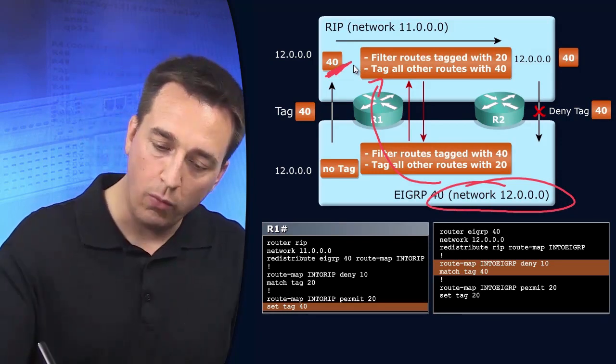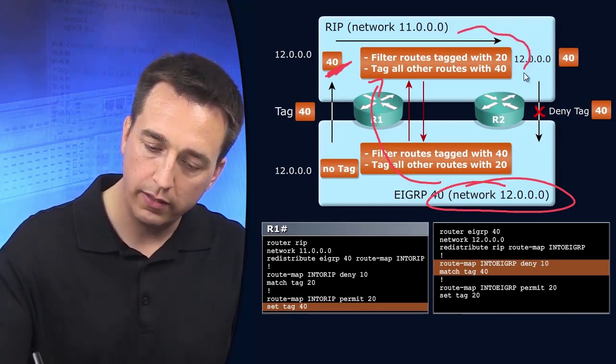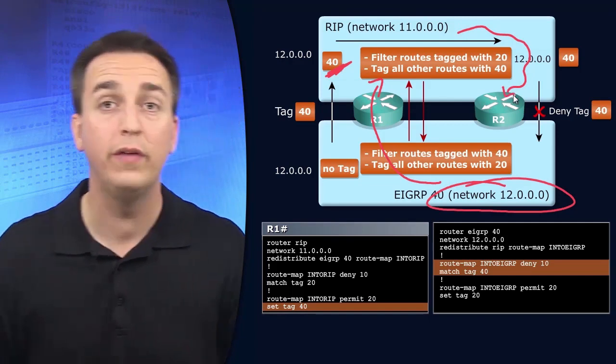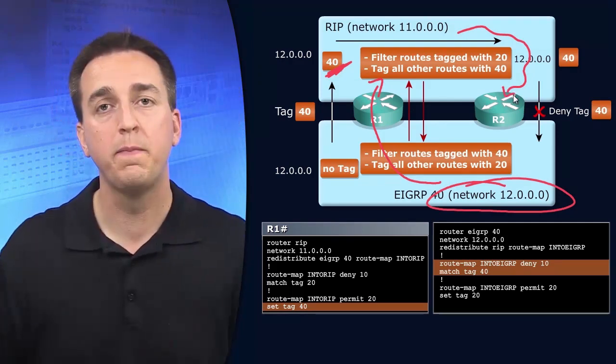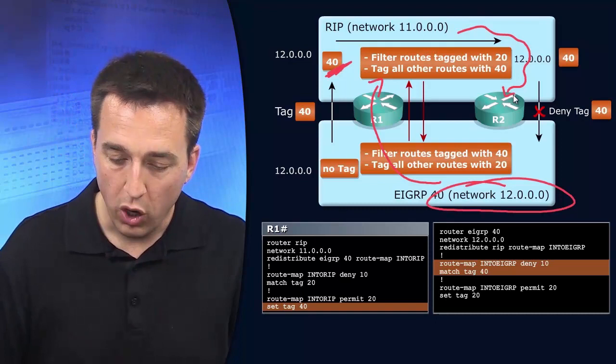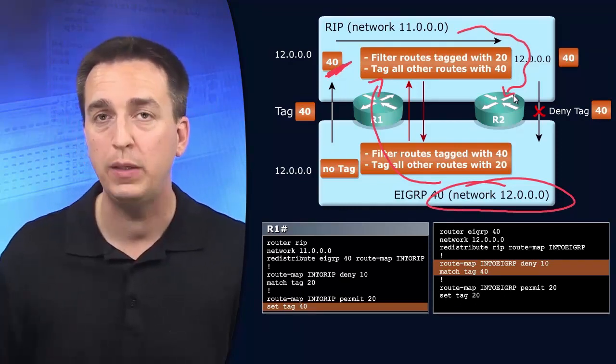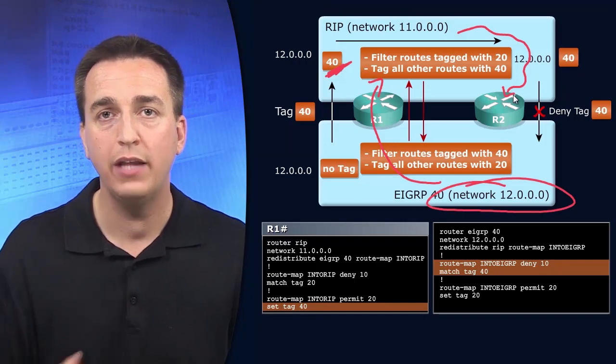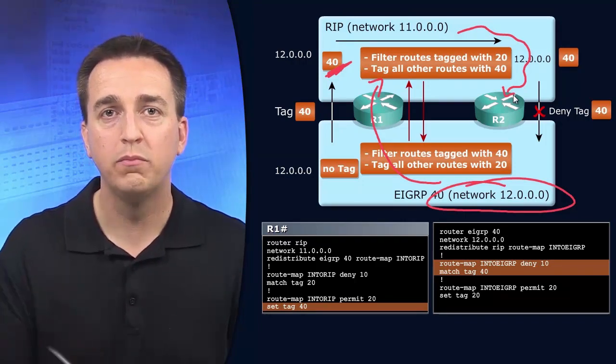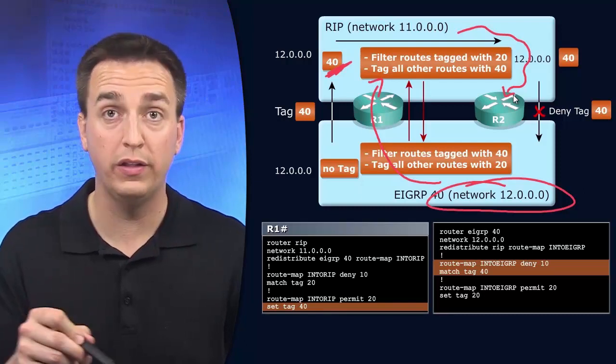And as a result, when it comes back around and R2 eventually learns about it, and we perform redistribution on R2 back into EIGRP, we can say in the route map, we might be calling it the redistribute route map.